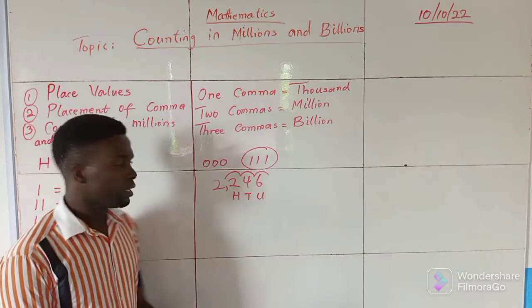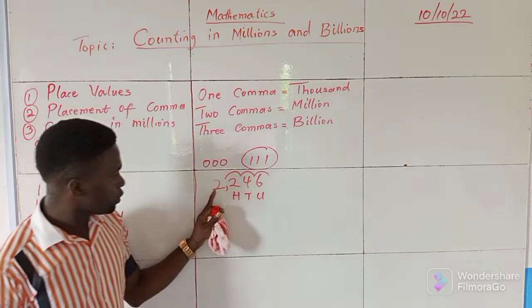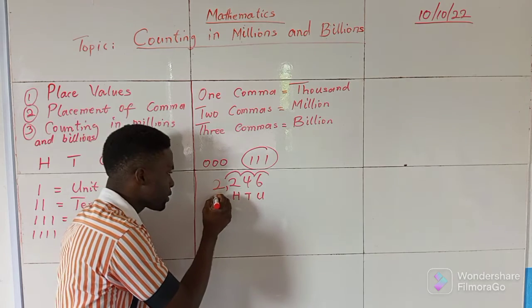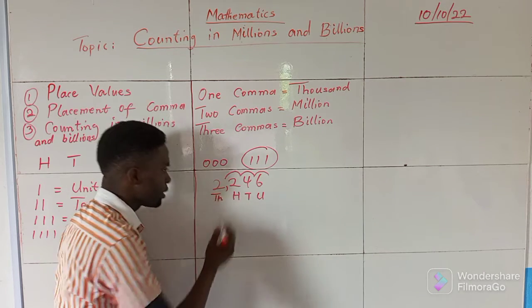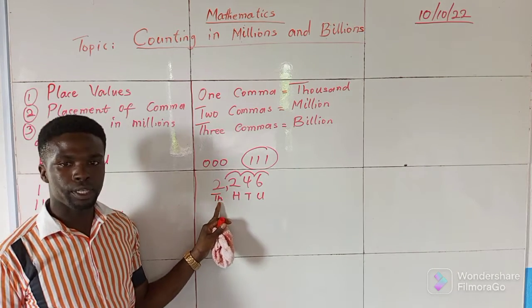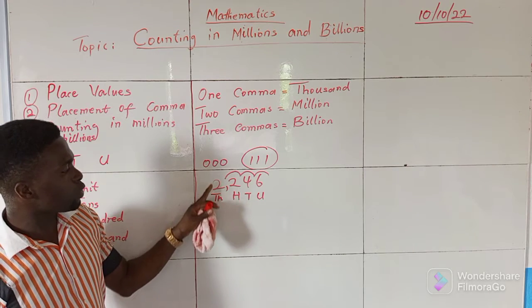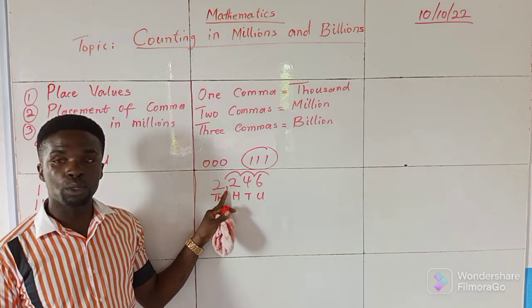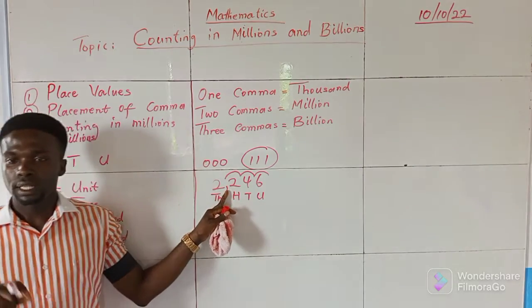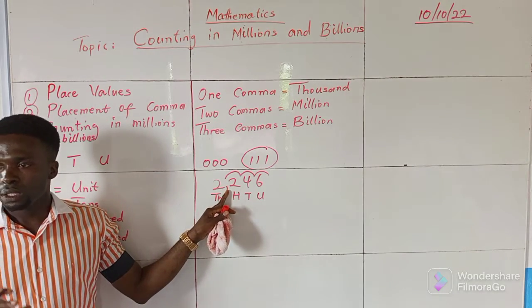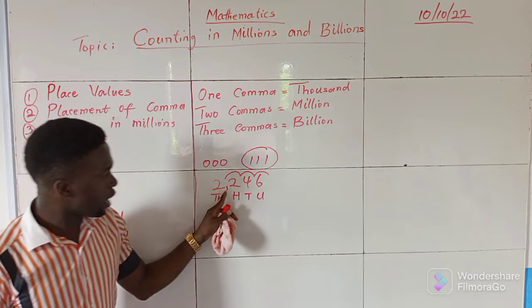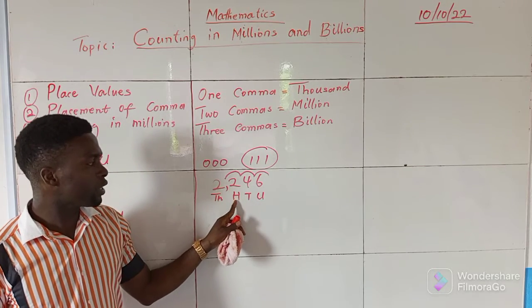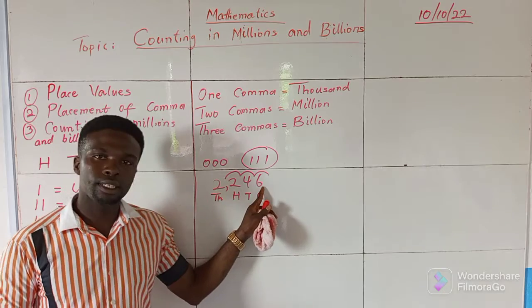Are you seeing it? Now, 2,000, this is now 1,000. We use TH to represent the 1,000. So this is now 2,000. With the help of the comma, you should be able to know that it is 1,000. The numbers are up to what? 1,000. 2,246.